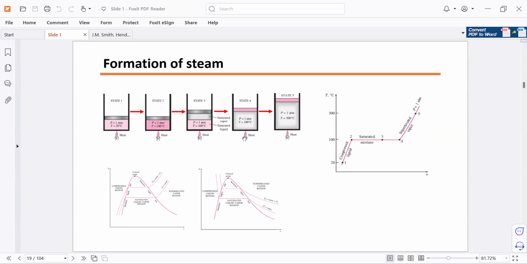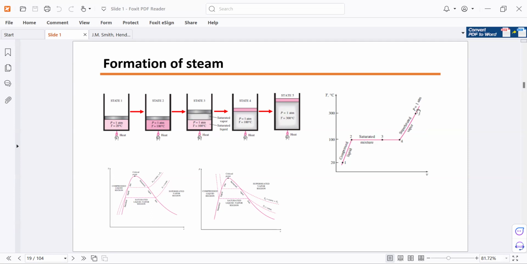Then we further apply heat, still at the same temperature, 100 degrees, which is the saturation temperature or the boiling point of water, until all of the saturated liquid is transformed into vapor. This is point 4. Please be mindful of the points in the graph.